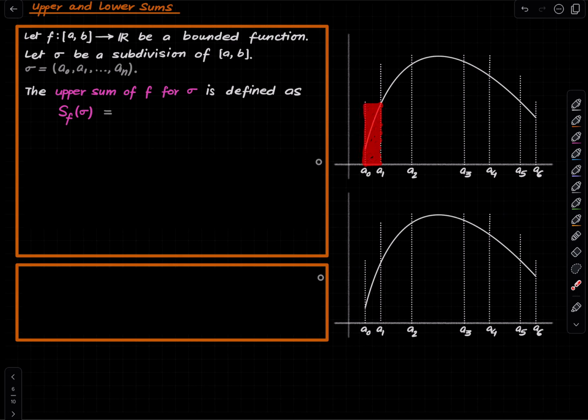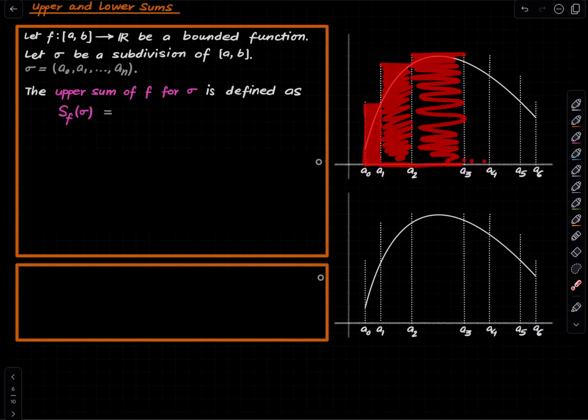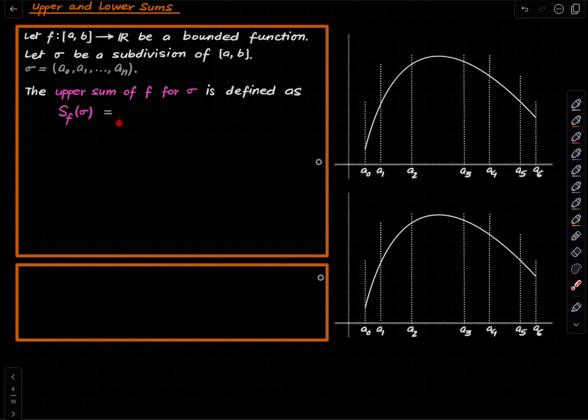And whatever is the area of this rectangle, you keep that in mind. Do the same for the second part. What is the supremum of all the values that the function takes here? It's that. And then you have this area. And then similarly for this, the supremum of all the values is this, and then you have this area. And you keep doing this and you add all those areas and you'll get the upper sum.